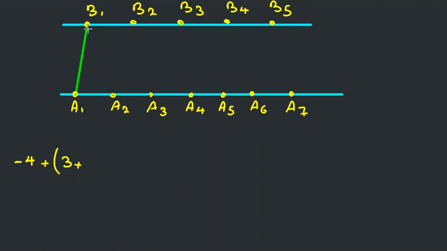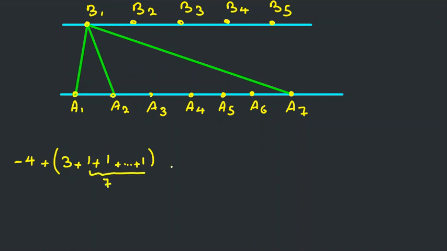Because it doesn't have any intersection inside, it adds 1 plus the intersections, so it adds 1. Now if we draw the next one, it adds 1. How many are there? A1 to A7, so 7 ones. With 7 lines drawn, we have 6 regions here, 7, 8, 9, 10. As you can see, 7 plus 3 is 10, so it is correct.